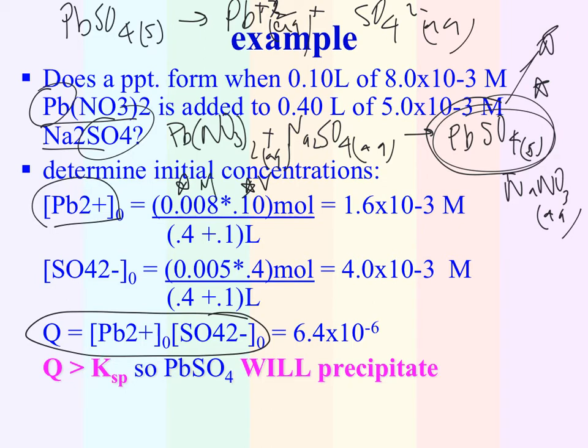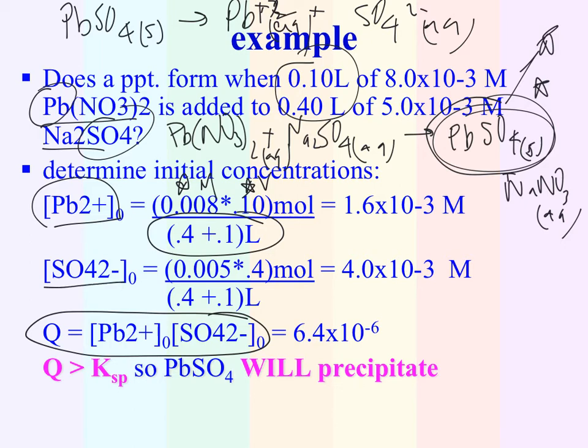Then I divide by the total volume of my new solution, which is the summation of the volumes of my lead nitrate and my sodium sulfate solutions. I'm going to do that same thought process for my sulfate ion.